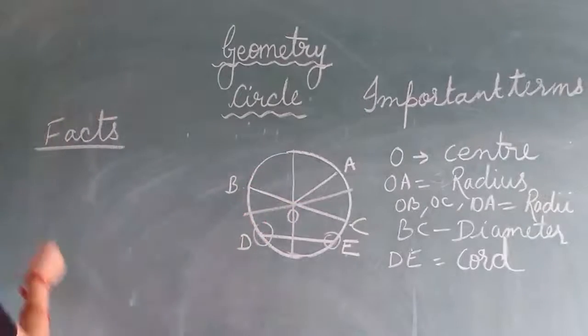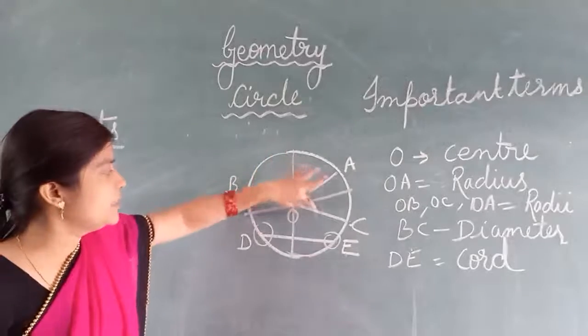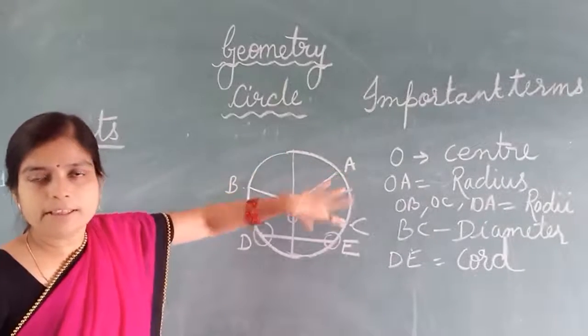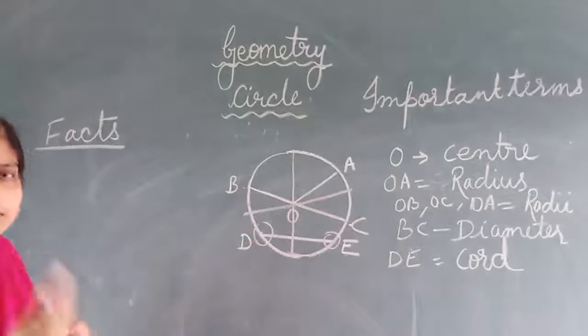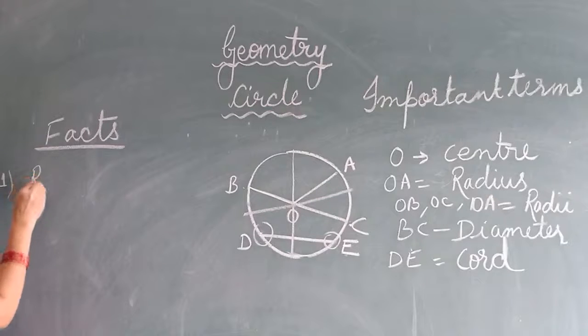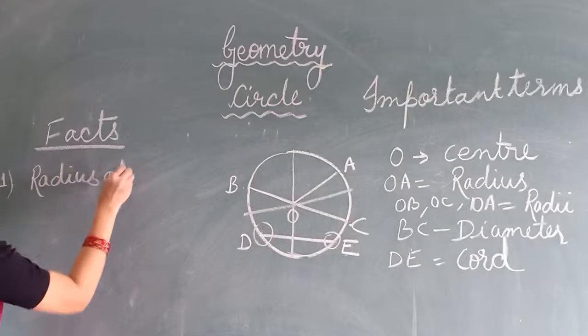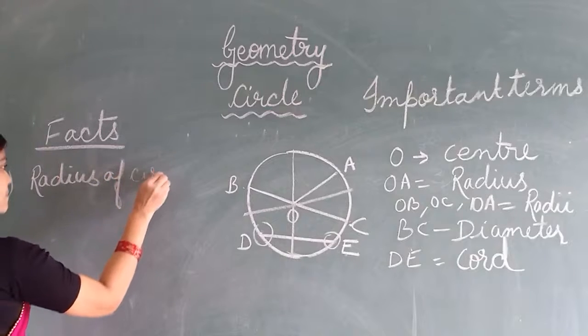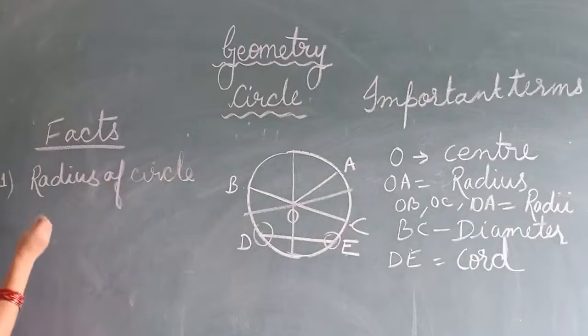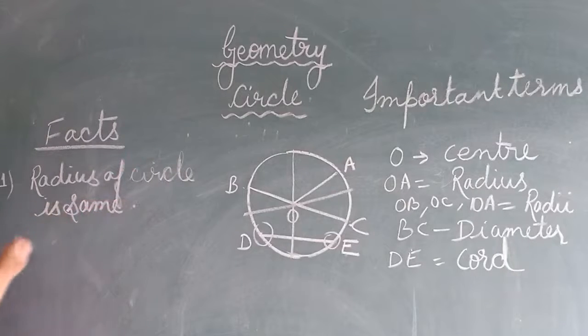First fact is, you don't say that here it is 6 centimeter and here it will be 2 centimeter. Then it will not be a circle. It will be another figure. Okay. So radius of the circle is always fixed. Radius of the circle is same.